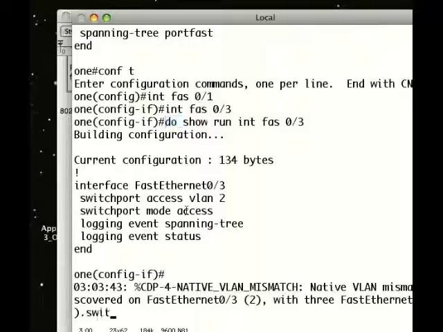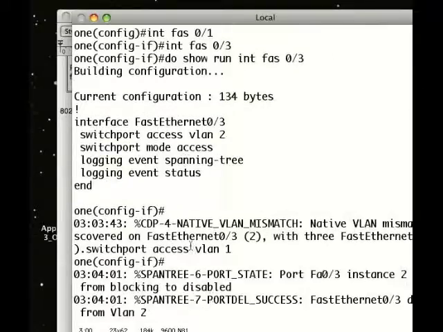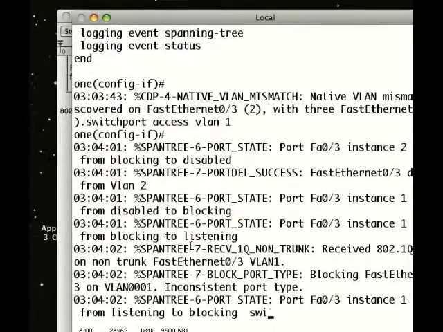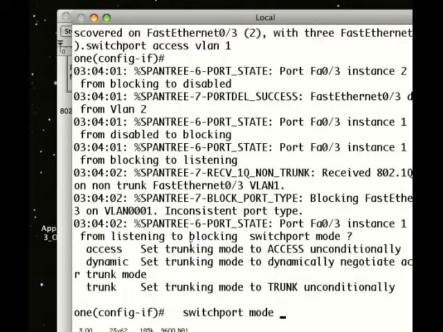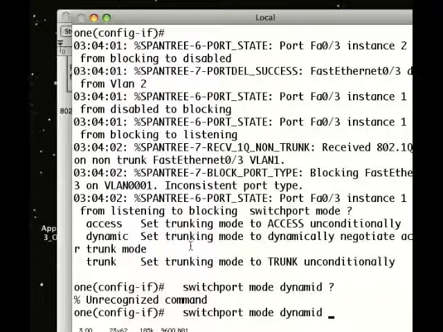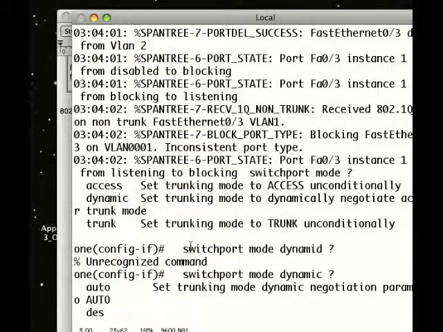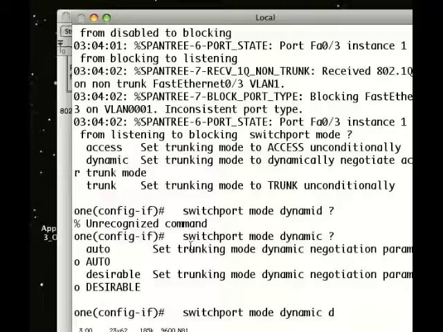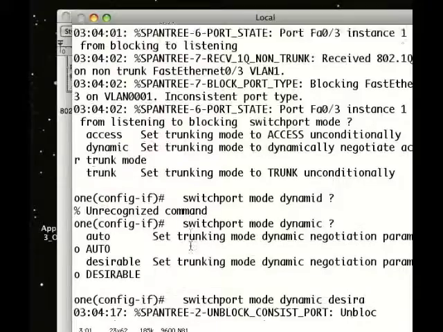So switchport access VLAN 1. So we set our native VLAN to 1. And then switchport mode dynamic desirable. Let me go auto.